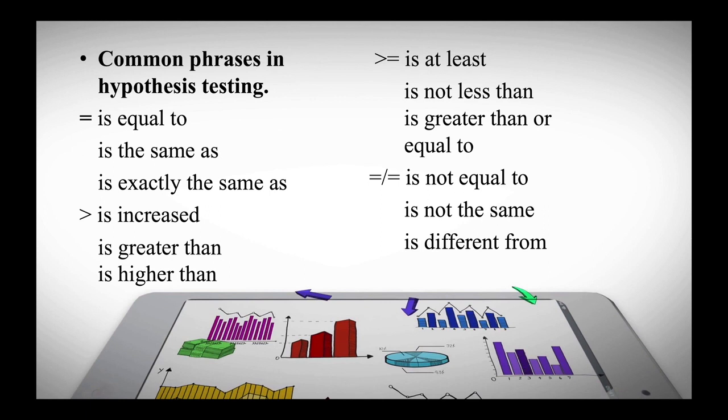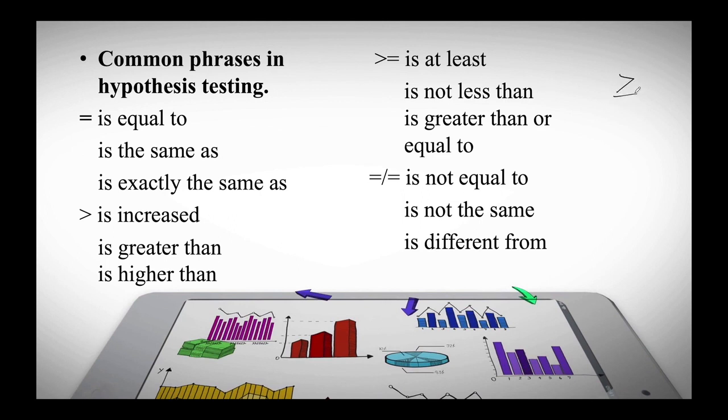So, equal sign kapag is equal to, is the same as, is exactly the same as. Kapag greater than, the phrases that we are using in the worded problem are is increased, is greater than, or is higher than. So, kapag naman greater than or equals, guys, this is actually greater than or equals.